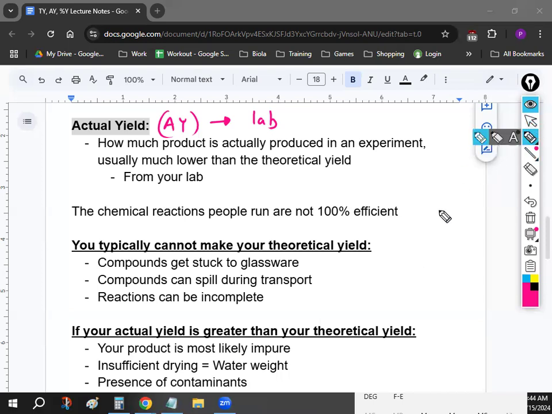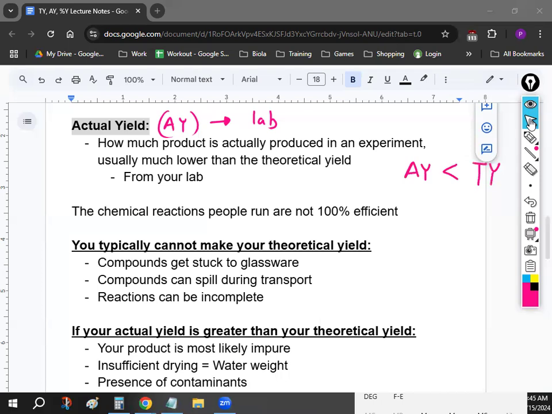And then the key thing that I want you guys to write down is that your actual yield will always be smaller than your theoretical yield. Okay? Your actual yield will always be smaller than your theoretical yield. It is impossible to make more than what your stoichiometry told you. The stoichiometry is like in a perfect world with perfect conditions where everything works out, but in reality, it's not going to happen like that.